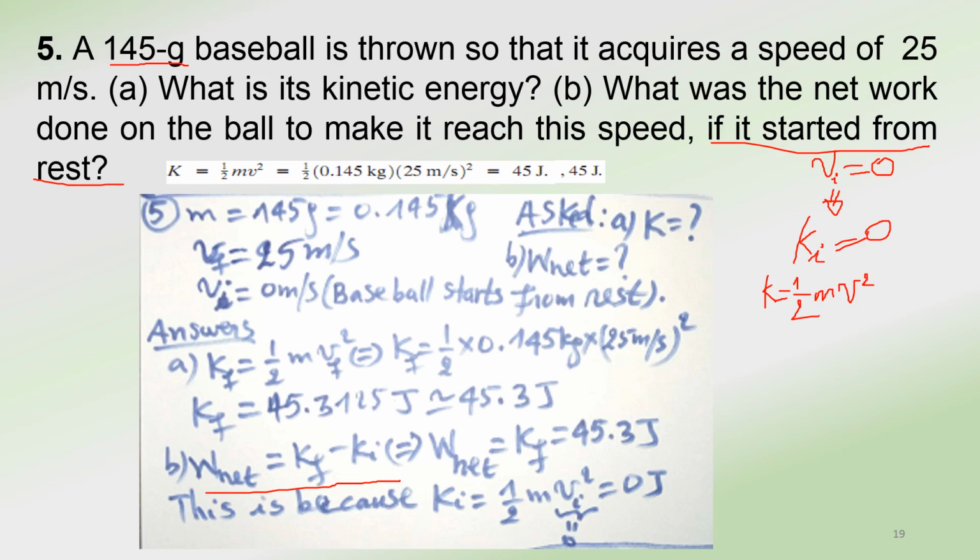Then here, if we consider initial kinetic energy, initial velocity is equal to 0. Then initial kinetic energy is equal to 0. It's the reason why we say that the net work is equal to final kinetic energy equals 45.3 joules.